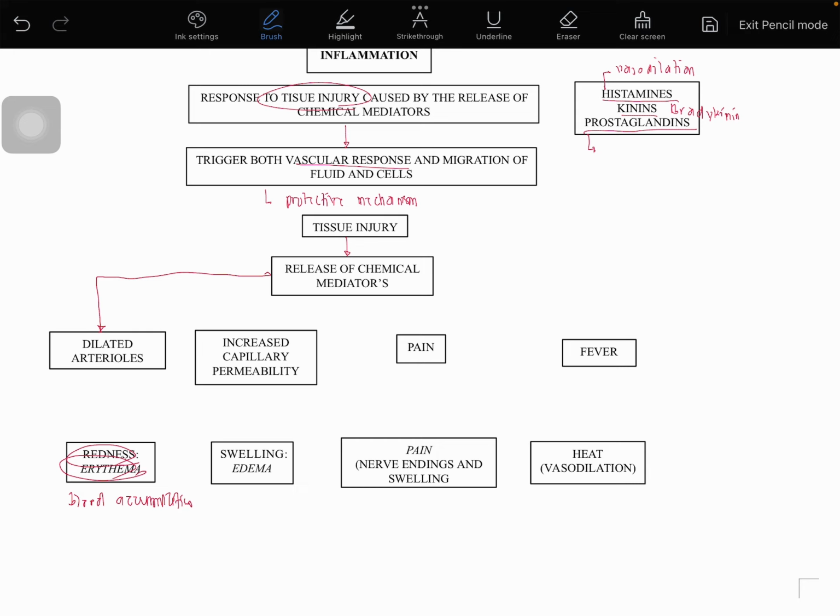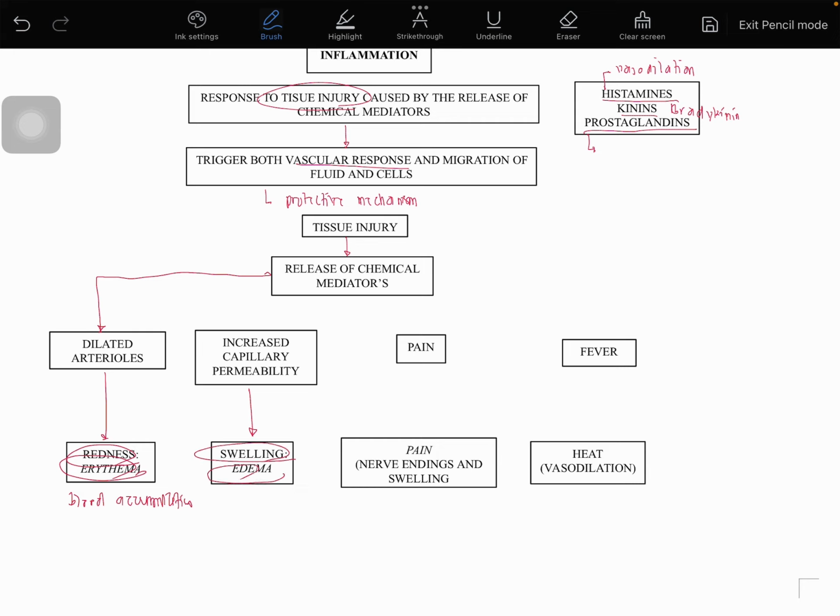And aside from that, there is also increased capillary permeability, which will result in what? Swelling, or your edema, or your tumor.